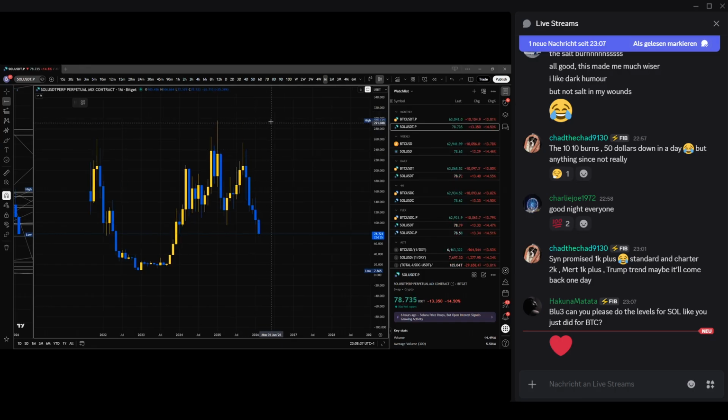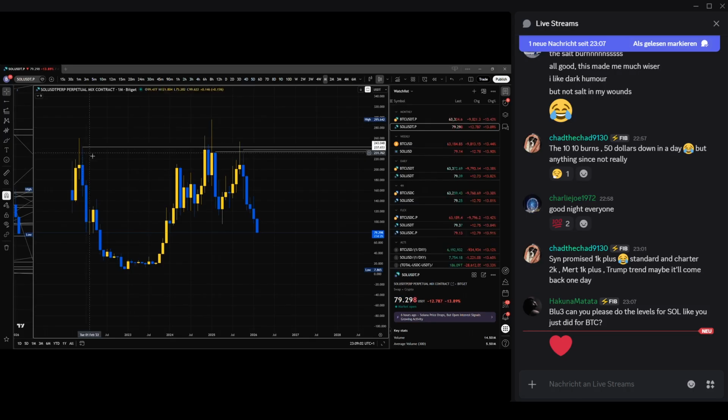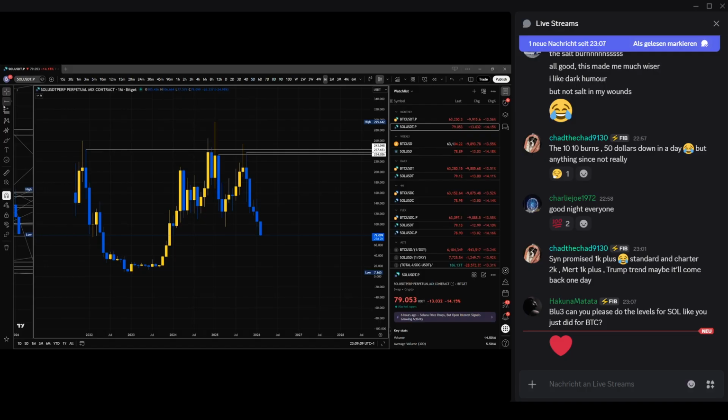All right, so let's start with the break levels again. We put one here, we put one here, which is basically the origin, which was rejecting the highs here, you know. We put one here. Okay, this is the actual origin. This is just the subsequent one, if you ask me, to reject the lower one. But yeah, we put one here.